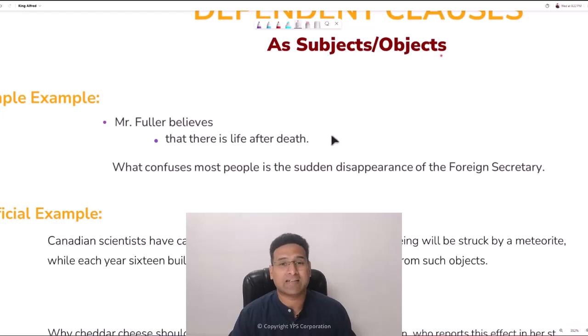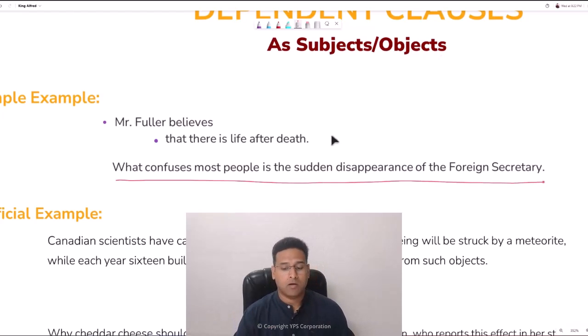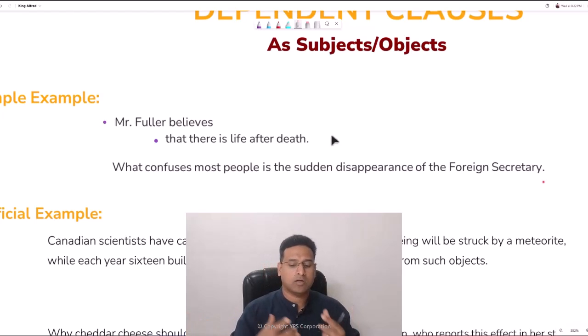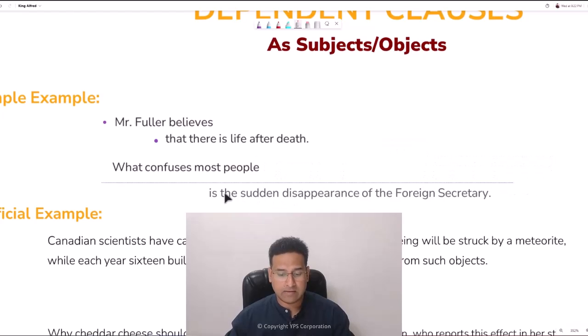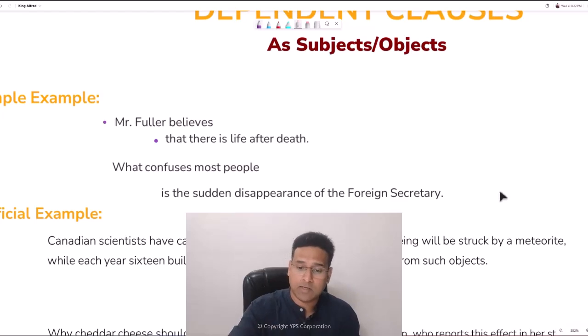All right, let's look at another example. What confuses most people is the sudden disappearance of the foreign secretary. Okay, interesting. So something is the sudden disappearance of the foreign secretary. What confuses most people is the sudden disappearance of the foreign secretary.